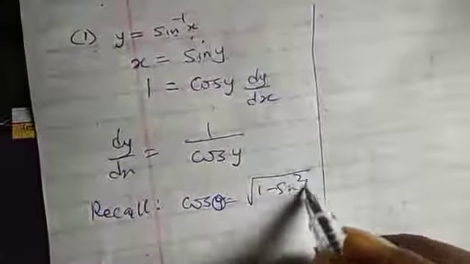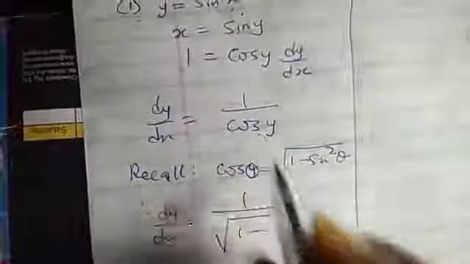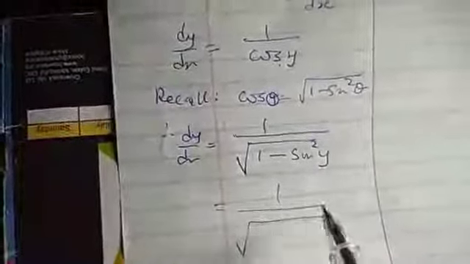But if you recall that cos theta is the same thing as square root of 1 minus sin square theta, therefore our dy dx there will just be equal to 1 over square root of 1 minus sin square y, and that will be equal to 1 over square root of 1 minus x squared, since our sin y here is x.